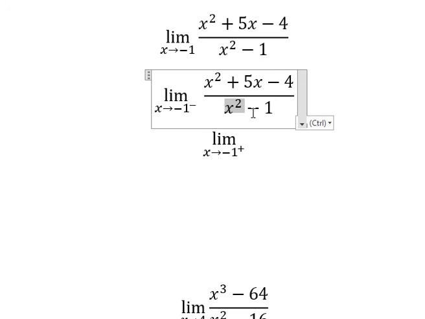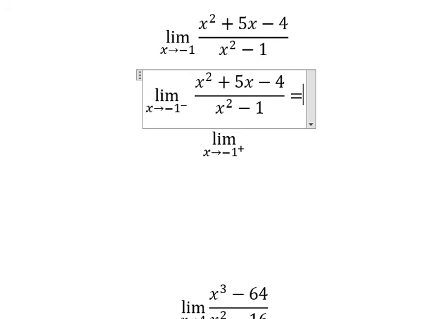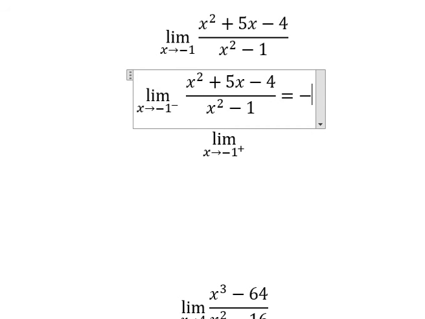So if we subtract, you still get positive, but this one is still negative 8. So that means negative 8 divided by positive 0, you get negative infinity.